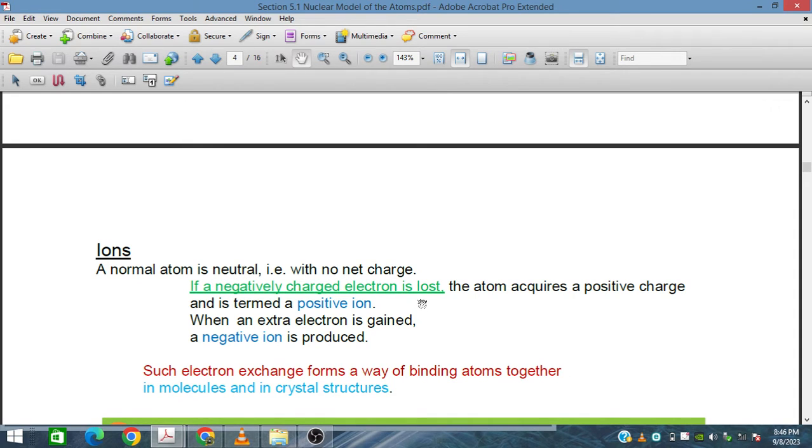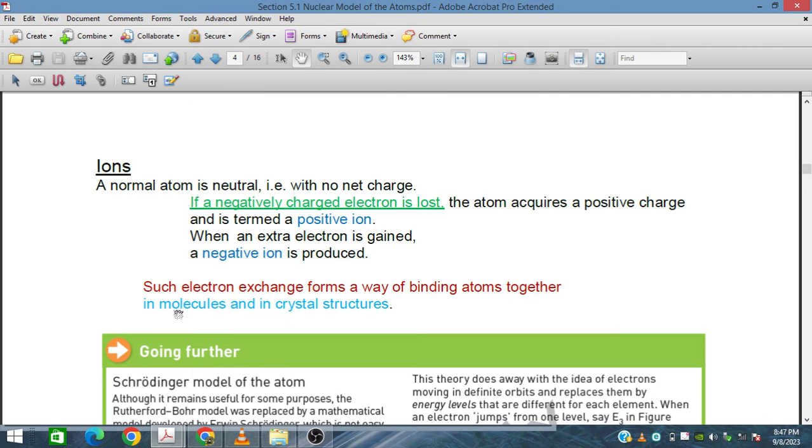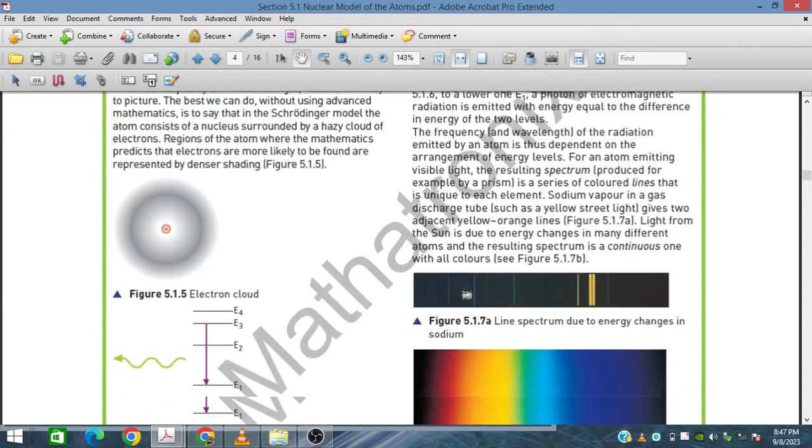If a negatively charged electron is lost, the atom acquires a positive charge and is termed a positive ion. When an extra electron is gained by an atom, it becomes a negative ion, because the electron carries a negative charge. Such electron exchange forms a bond holding atoms together in molecules and in crystal structures.